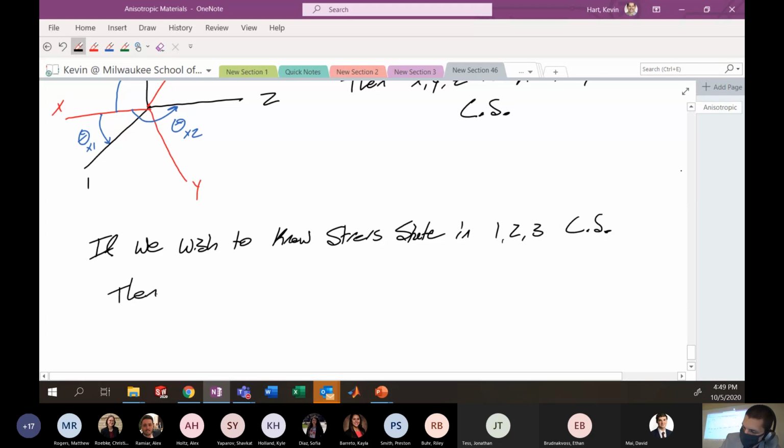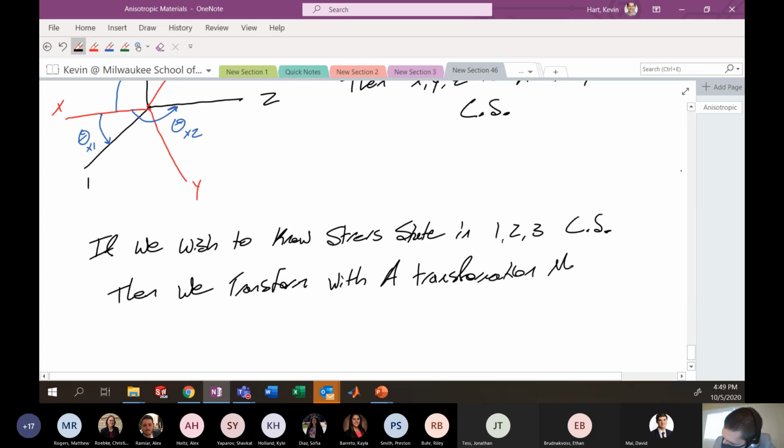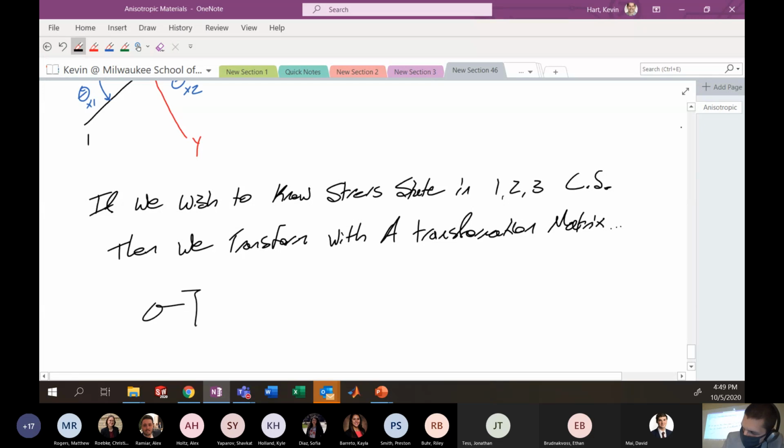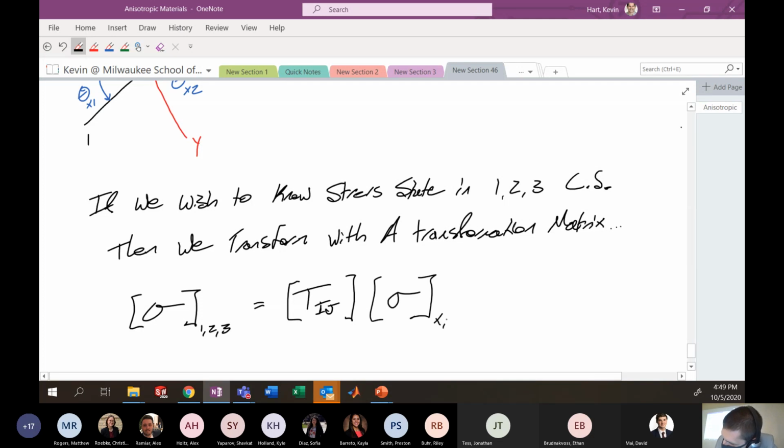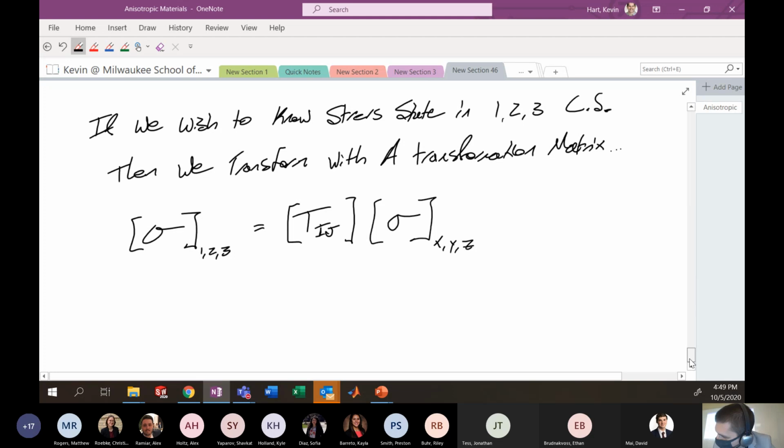Then we transform with a transformation matrix, which might generally look like this. Here's your stress state in the 1, 2, 3 coordinate system. Transformation matrix T cap I cap J, sometimes written as T lowercase i lowercase j, multiplied by the stress state that you have in the x, y, z coordinate system.